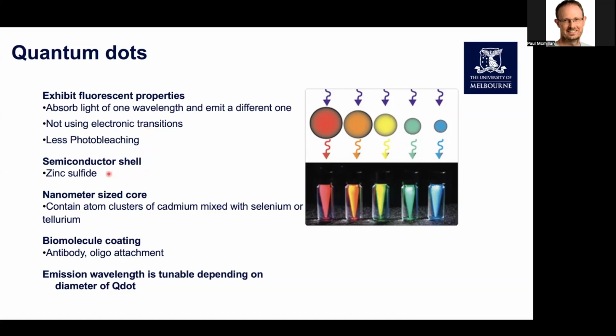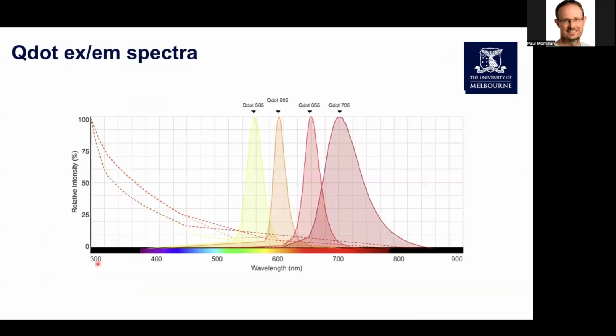They come as these different shell and core structures, and the different size of the nanodots, quantum dots, tunes the wavelength of the light that's being emitted. The other nice thing is you can coat these quantum dots with different antibodies or oligo attachments to bind specifically to proteins or DNA or RNA sequences that you might be interested in.